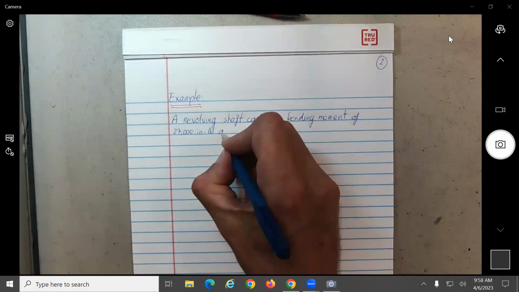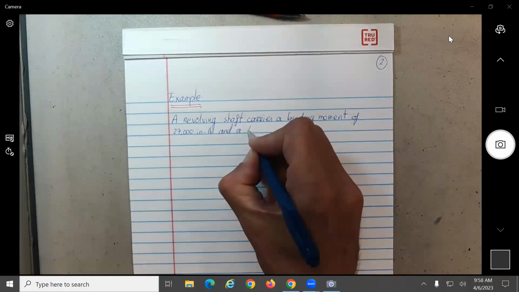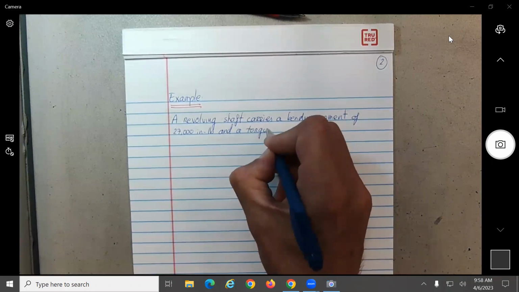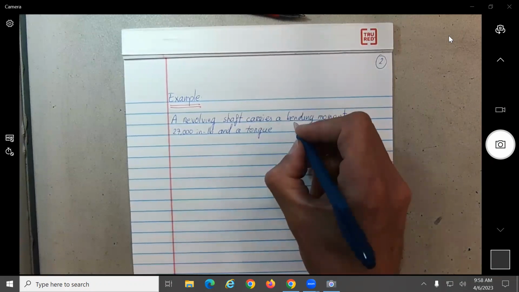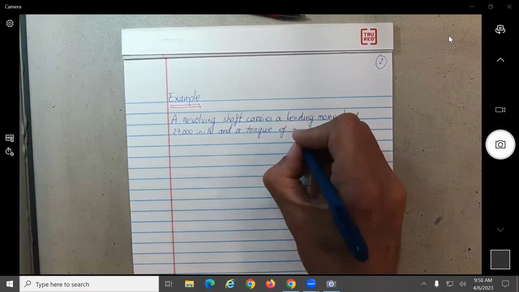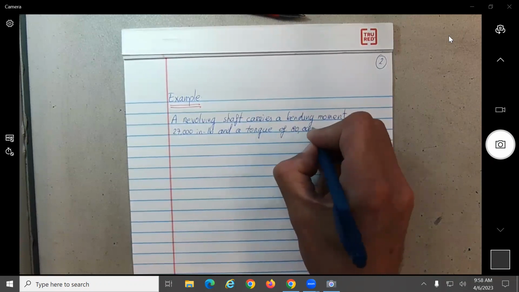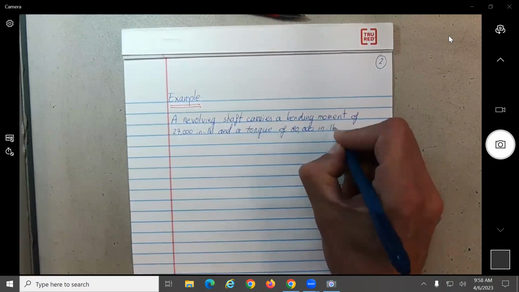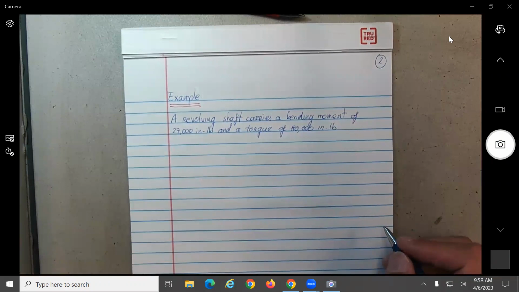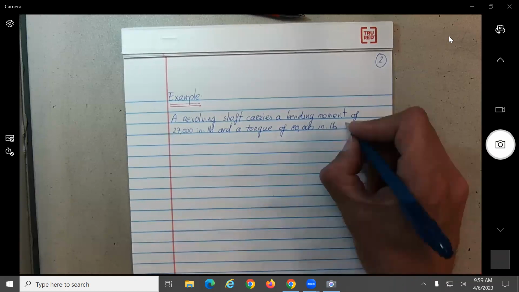And a torque of 80,000 inch per pound. Okay, so look at it.